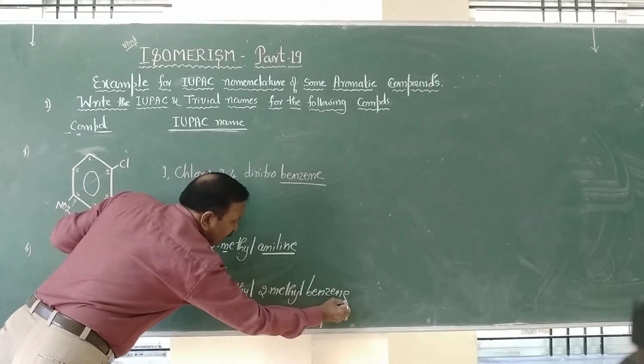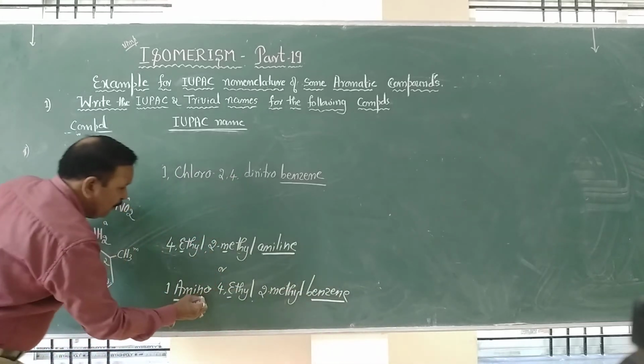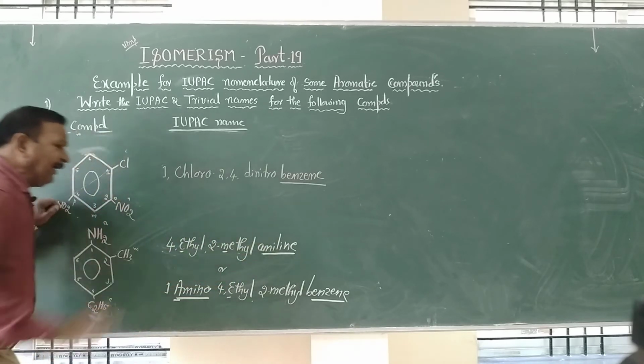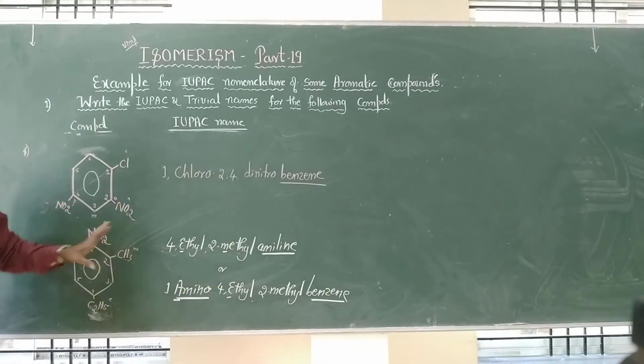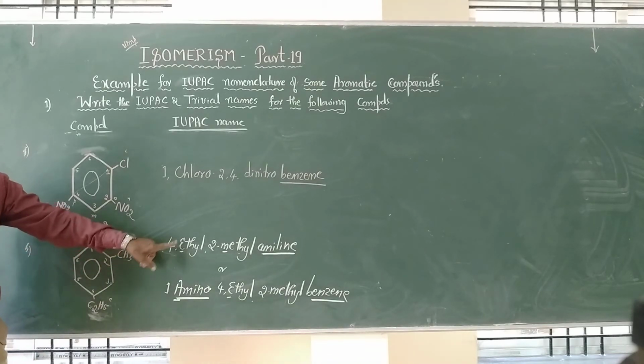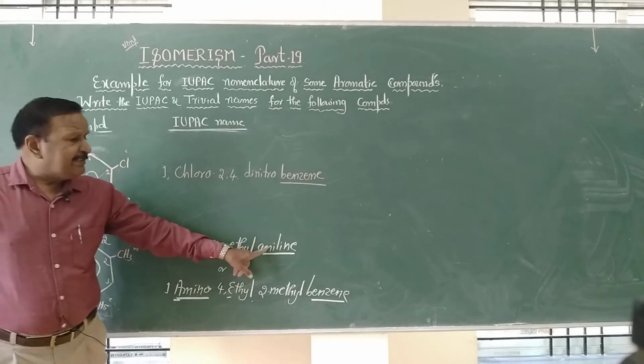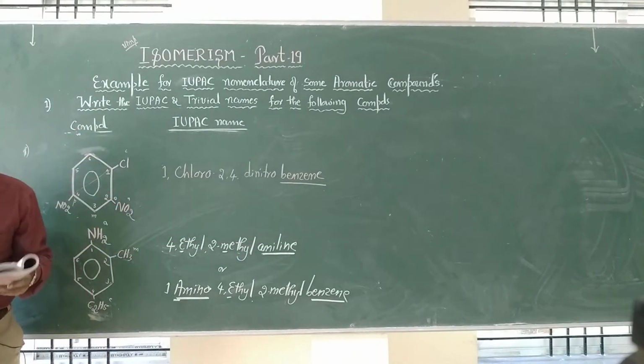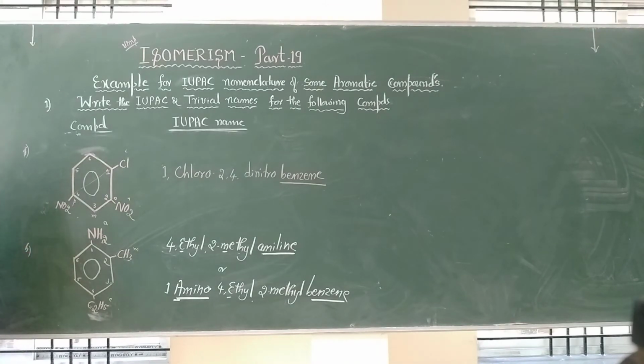This is all. This benzene with amino group is called aniline. Okay? So this is how you can give. This is nothing but the IUPAC system, and this is accepted by IUPAC. Old names will be accepted. So this is what you mean by naming of some of the compounds.